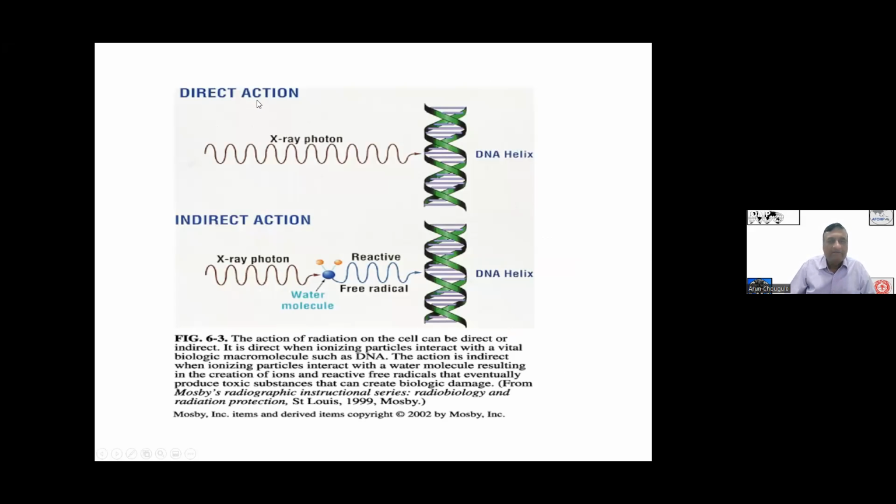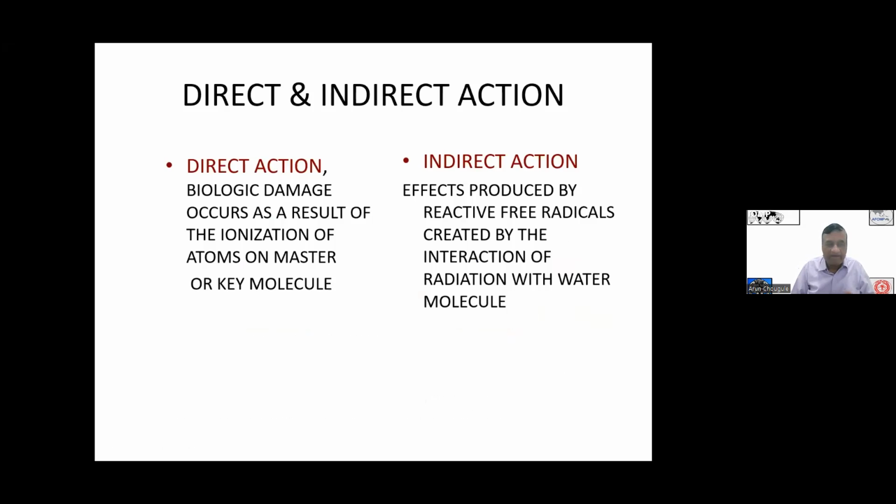Now, the direct action of X-rays is very minimal. Indirect action, by producing water radicals and reactive free radicals, is much higher and an important component of our photons, that is X-rays or gamma rays. It is 90 to 95% indirect action.